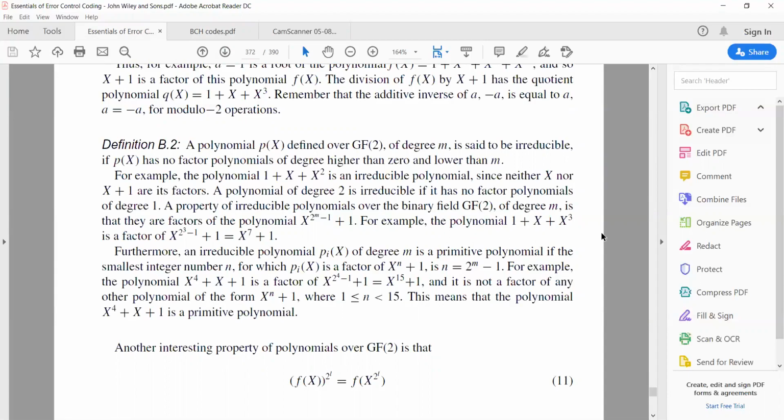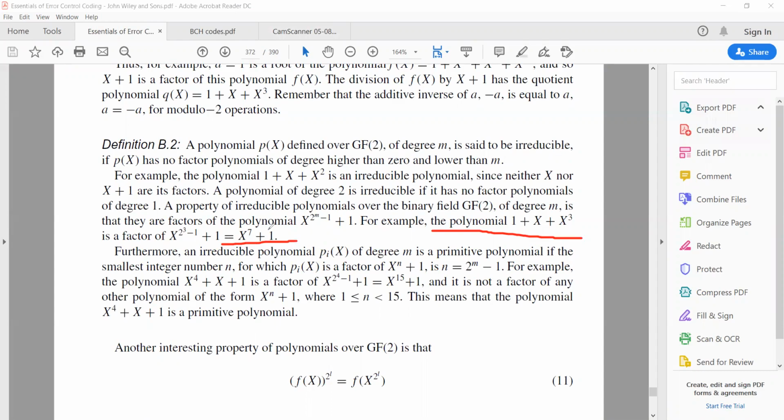That means our generator polynomial is a factor of x to the power 7 plus 1. Right? So our generator polynomial 1 plus x cubed is a factor of x to the power 7 plus 1. One of the factors, right?